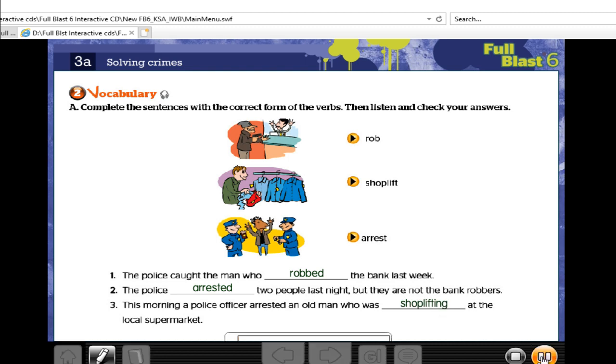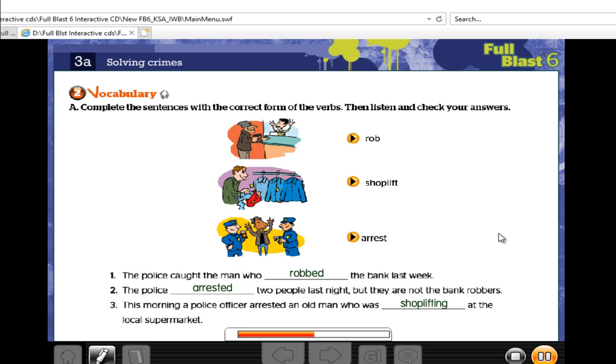Shoplifting. Now listen. Module 3. Challenge. 3A. Solving crimes. 2. Vocabulary. A. Complete the sentences with the correct form of the verbs. Then listen and check your answers. 1.